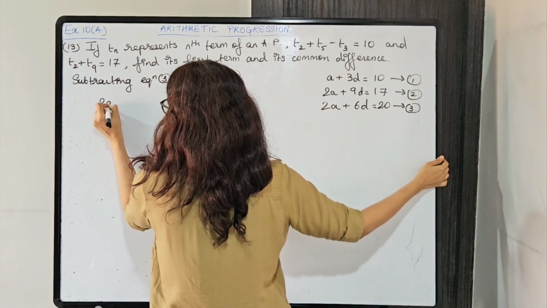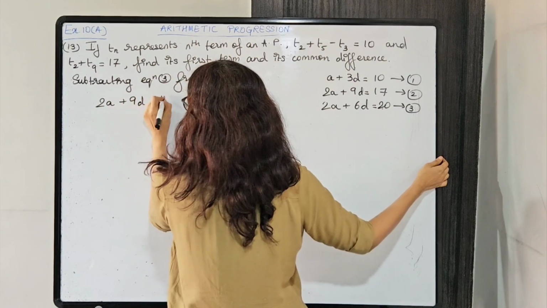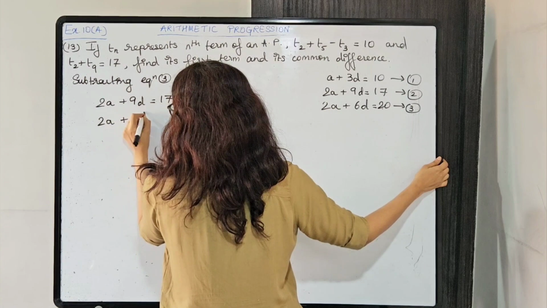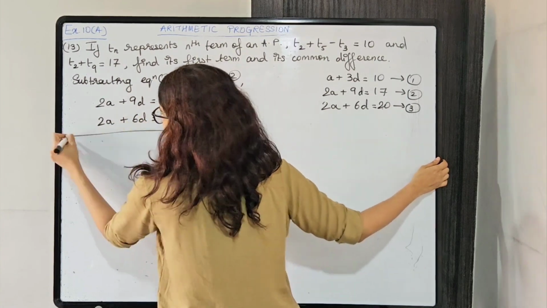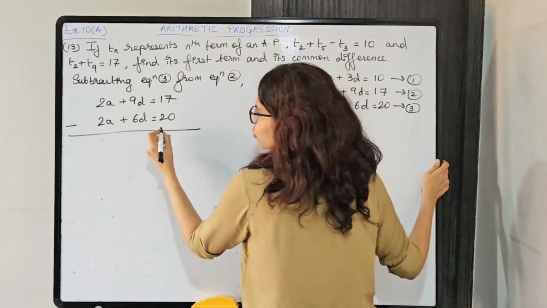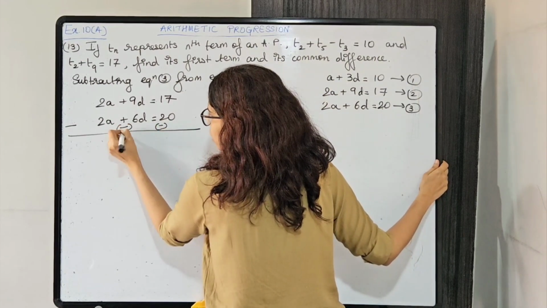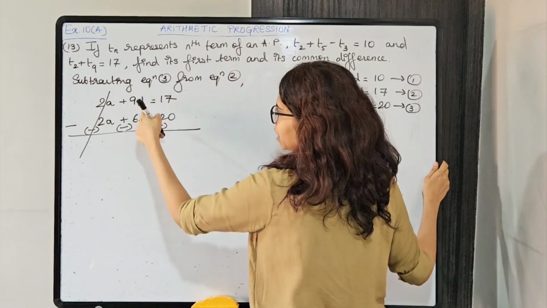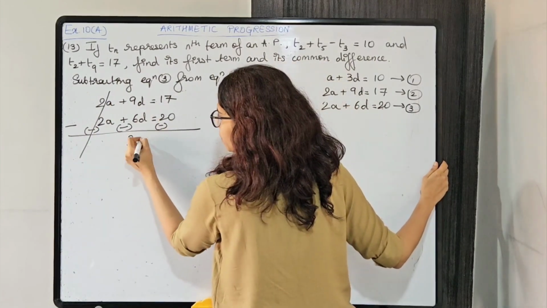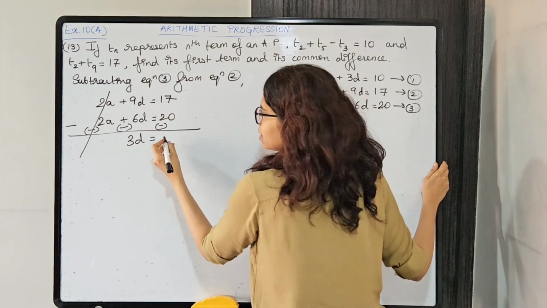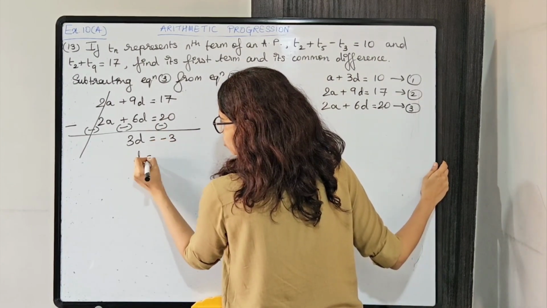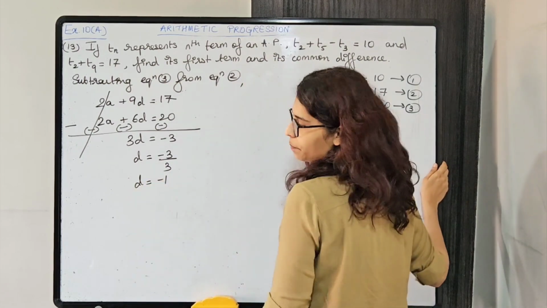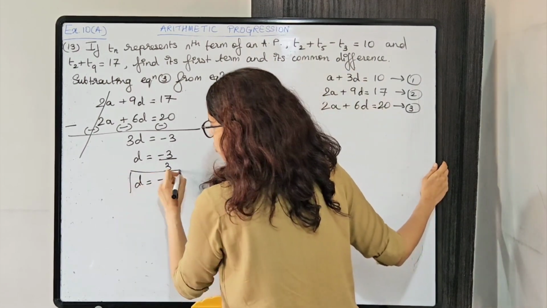So 2A plus 9D is equal to 17, and then equation 3, 2A plus 6D is equal to 20. We'll subtract, so signs will change. Positive becomes negative here also, okay? So 2A cancels. 9D minus 6D is 3D, and 17 minus 20 is minus 3. So D will be minus 3 upon 3, that is D is minus 1. Okay, we got the value of D, box it.